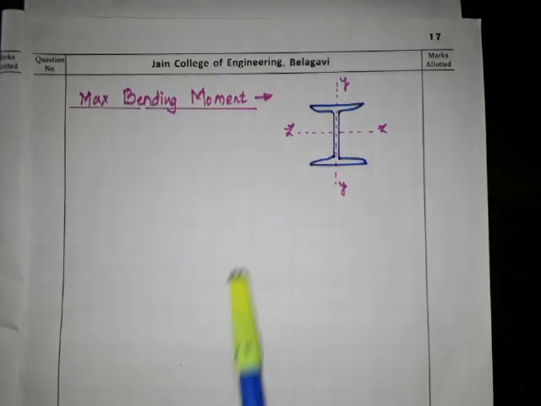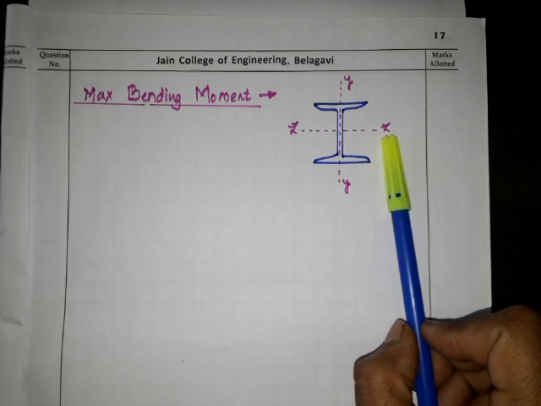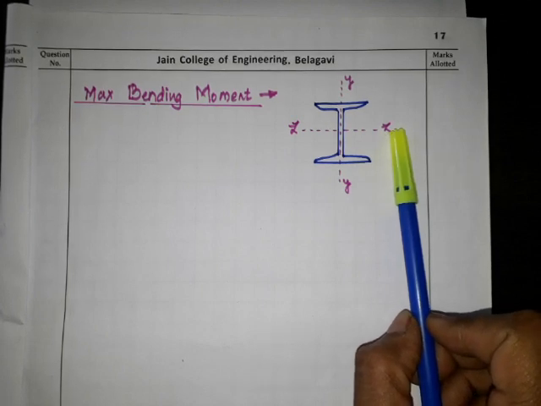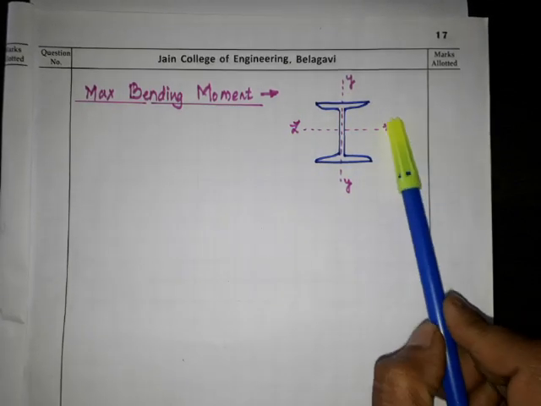Here we have an I section. Generally the gantry girder will be provided with a typical I section.